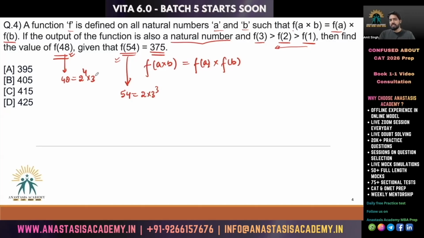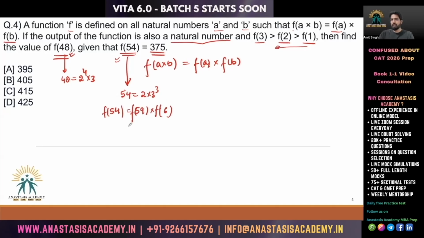Can you see these numbers are made up of only two prime numbers, that is 2 and 3, right? So this is my trigger. Oh, I can find the value of this number. For example, f of 54 is given as 375, right? Now I can write f of 54 as f of 9 into f of 6, right?